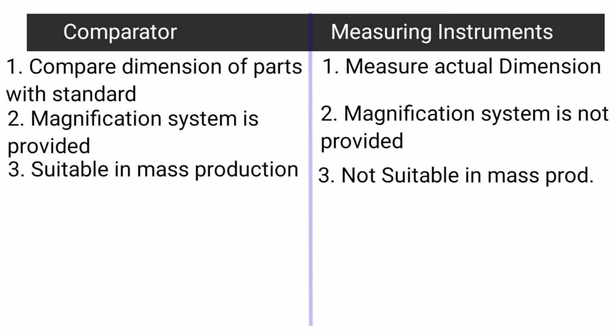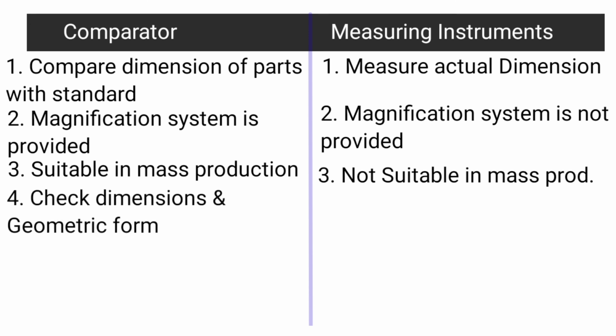Measurement with instruments is time consuming and therefore not suitable for mass production. Comparators can be used to check the dimensions as well as geometric forms. Measuring instruments cannot be used to check geometric forms.